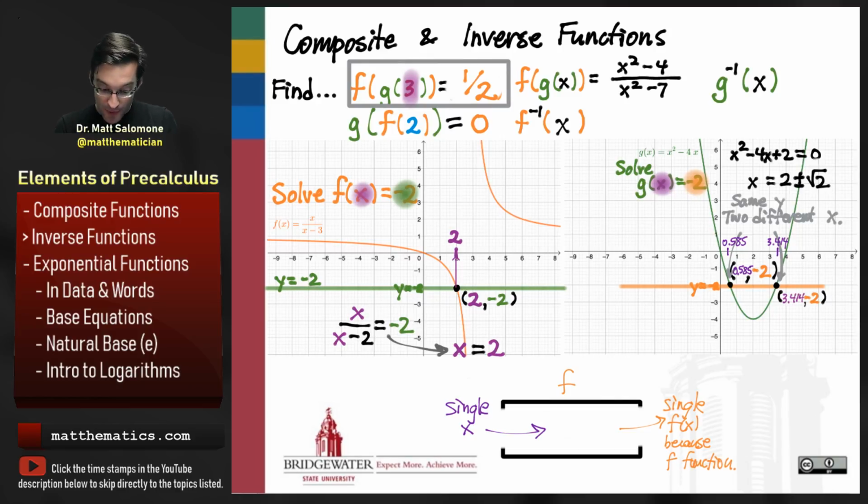But what we find out from this graph is that the converse is also true, that a single y value also corresponds to only one x value. So a single f of x value is going to give me out a single x value.